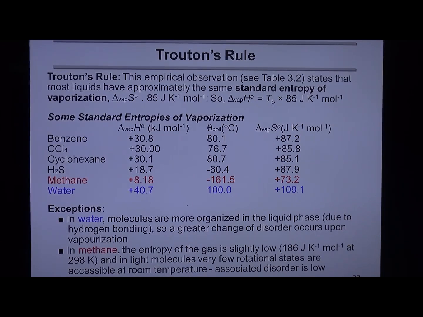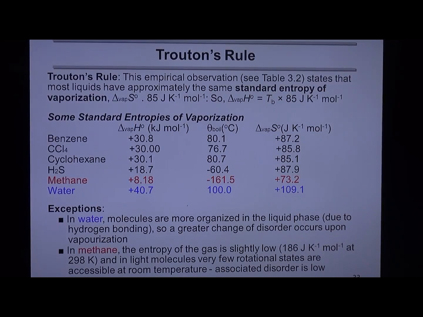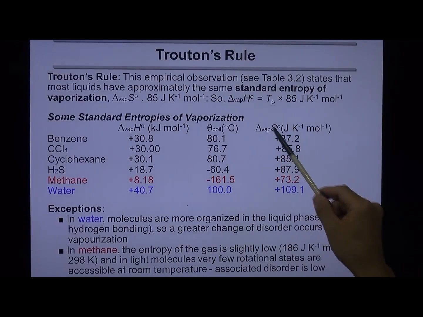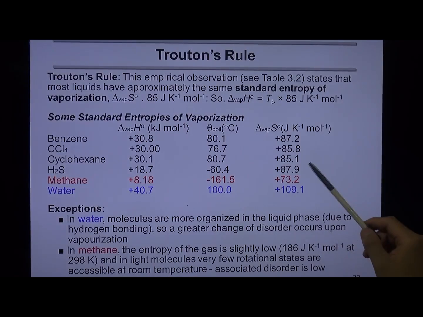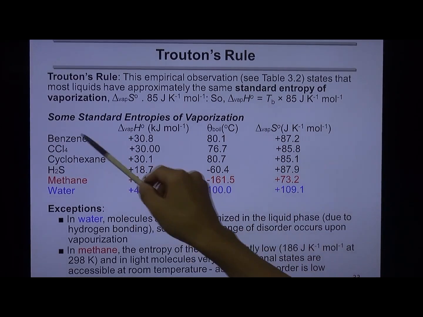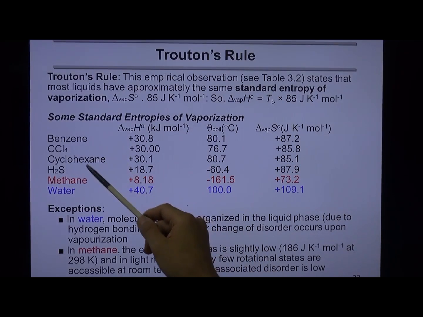The reason why is that entropy change is associated with disorderliness during this vaporization from liquid to gas. So it should be related to the volume change during vaporization from liquid to gas, right? The fact that the molar entropy of vaporizations are similar for various types of materials is that the volume change is very similar when they vaporize from liquid to gas.